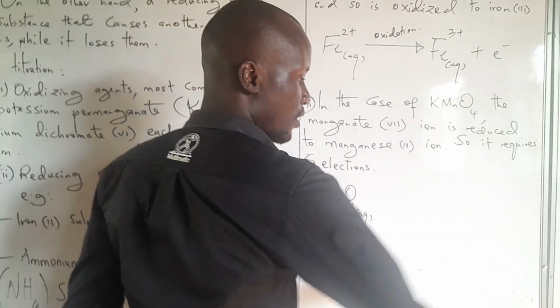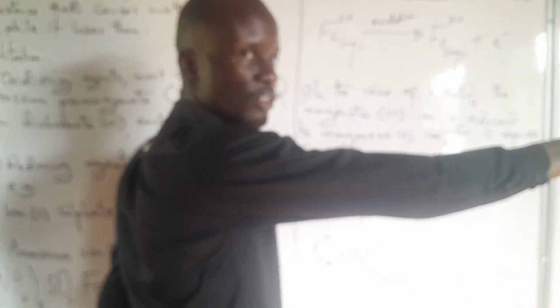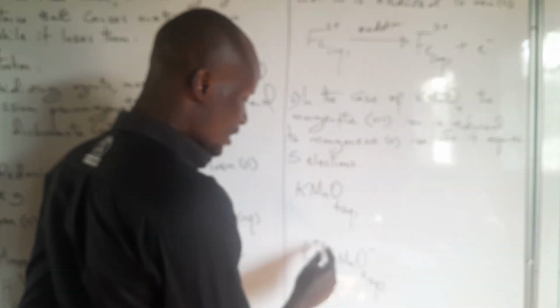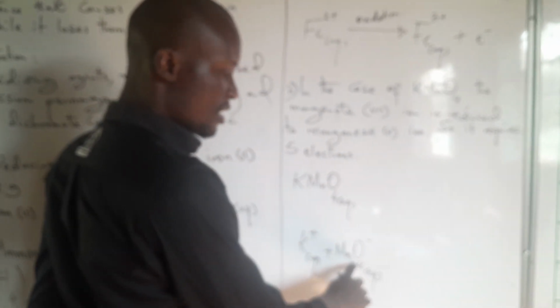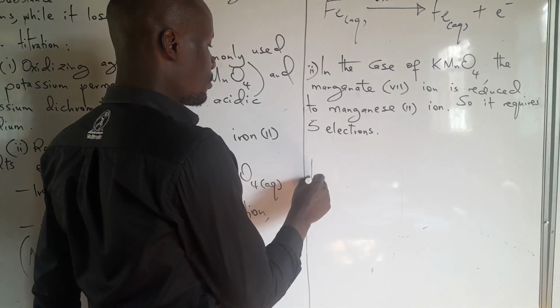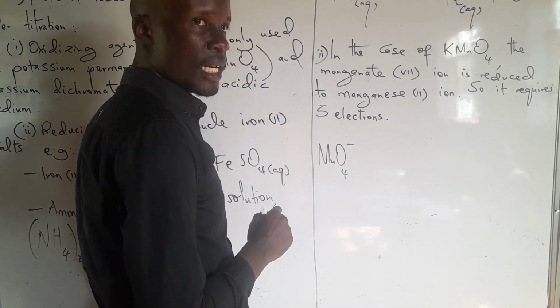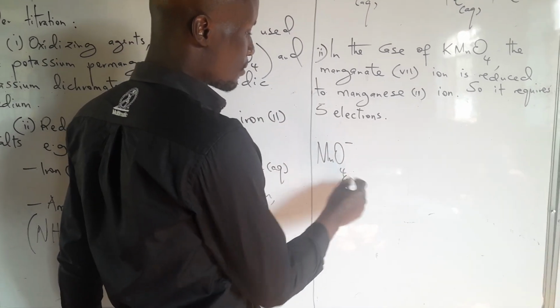When you write a full equation, this ion is going to be repeated on the right hand side of the equation, so it cancels out. The ion that remains is this. So you omit potassium. You only write the manganate(VII) ion this way. The charge is 1-. It is in solution.